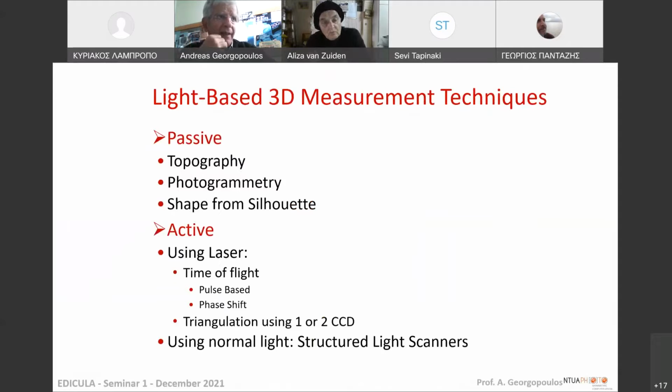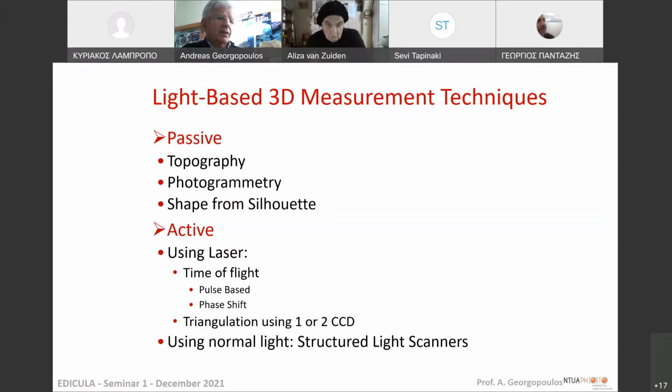That is, that we use light. So we have passive and active methods. Passive in the sense that some other source of illumination sends light and we record the reflection. And active sensors, or active methods, are the ones where we send some radiation and we record what is reflected.